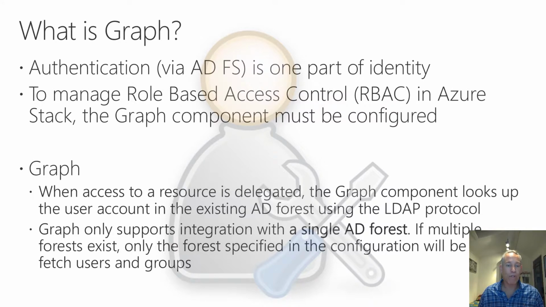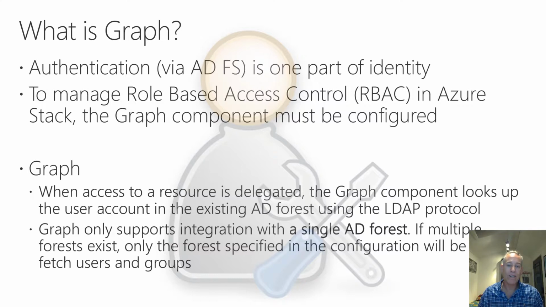So I talked about graph. What is graph? Graph is another piece of the identity puzzle. If you're deploying role-based access control in Azure Stack, the graph component must be configured. Whenever the role-based access checks are happening, it goes out through the graph connector to the existing on-premises Active Directory and gets resource user information from there.